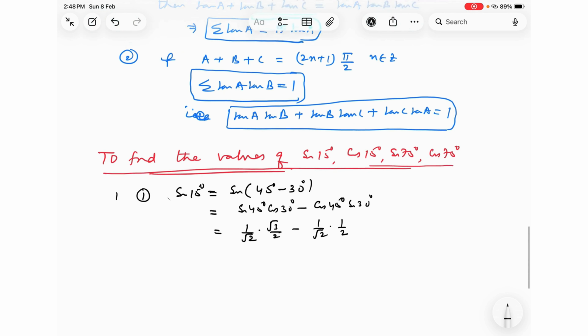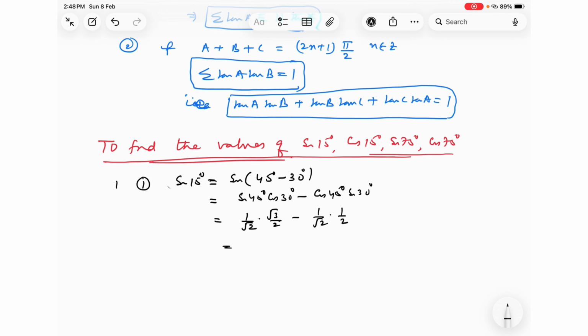So therefore, we can write it as root 3 minus 1 by 2 root 2. Sine 15 degrees value, remember, it is always equal to root 3 minus 1 by 2 root 2. This result we have proved using sine of a minus b formula. That is the advantage of these compound angles.